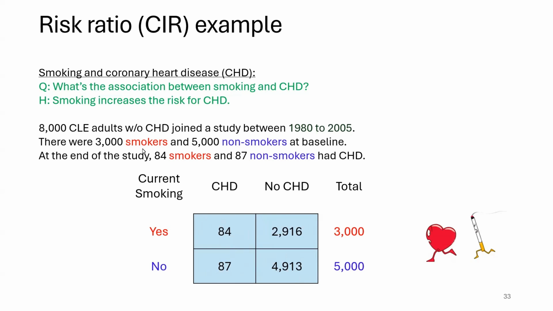So they said here that we have 3,000 smokers, and that 84 of them developed coronary heart disease, which means that 2,916 of them did not develop coronary heart disease. We had 5,000 people who were unexposed or did not smoke, and we know 87 of them developed coronary heart disease. So we can get this number by subtracting 87 from 5,000.